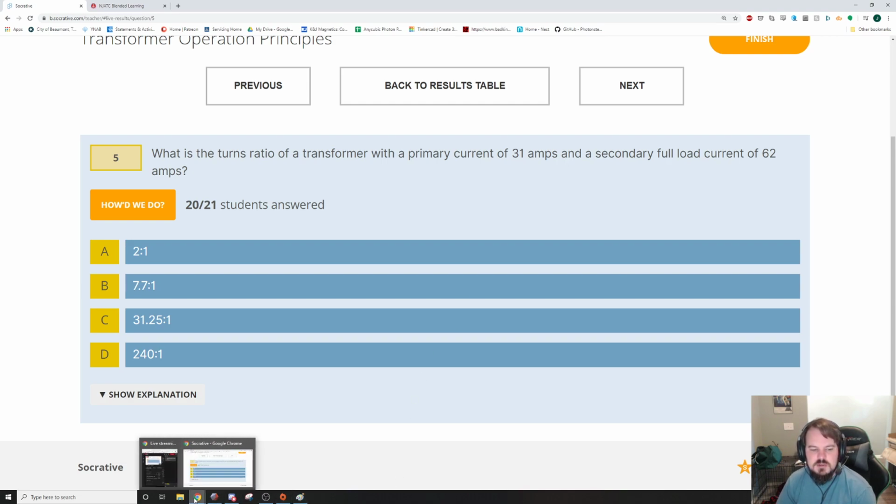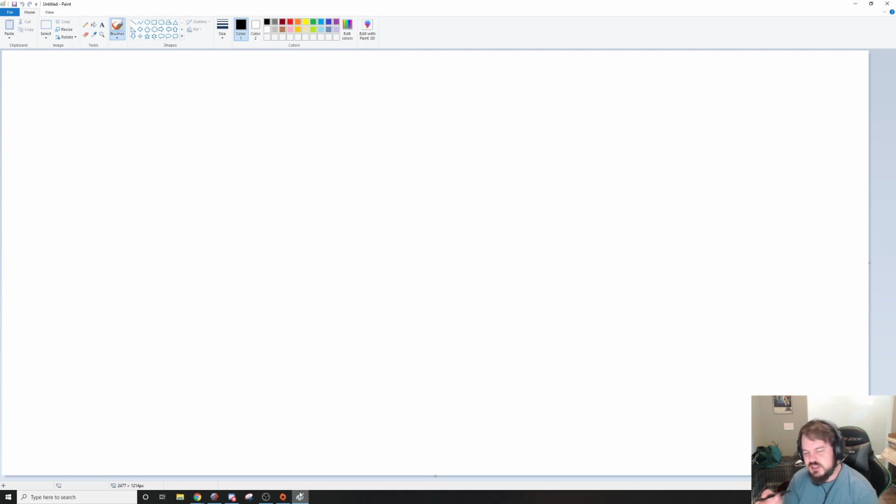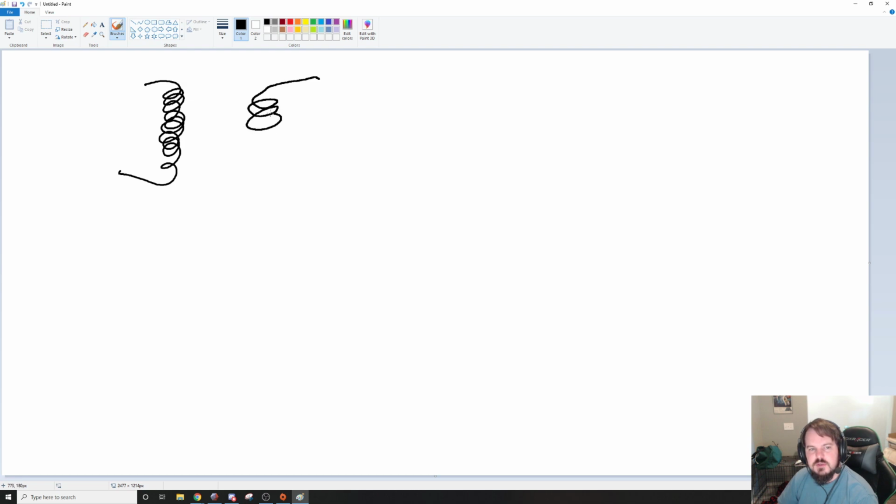Okay, so this question skips ahead a little bit in the discussion. A transformer has a ratio of turns. So one side of the transformer is going to have a bunch of turns, and the other side's going to have fewer turns.